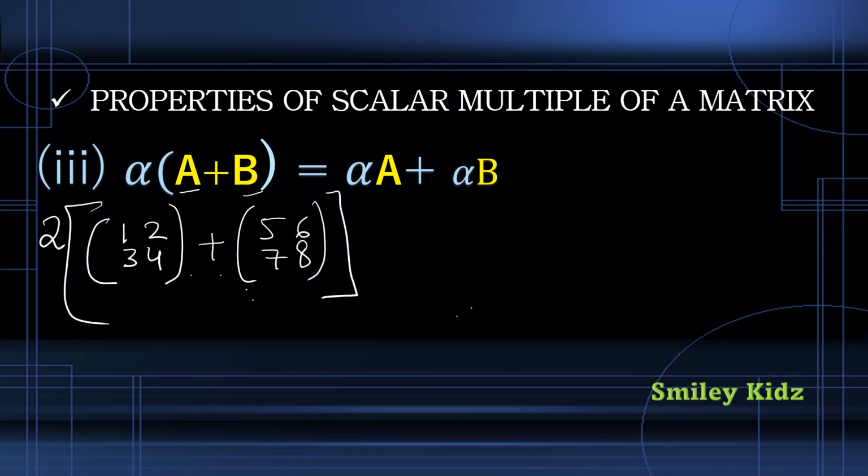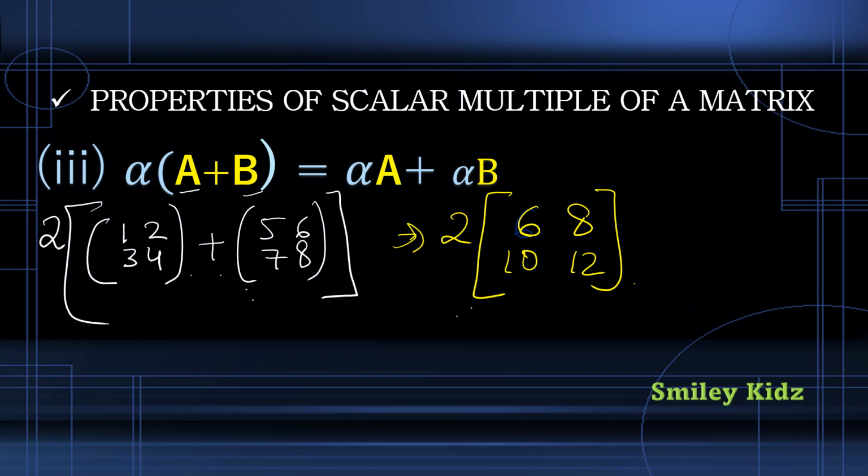Now if I solve this, first I solve the brackets, isn't it? So this is going to be 6, 8, 10, 12. Now if you multiply 2 with each element, it's going to be 12, 16, 20 and 24.